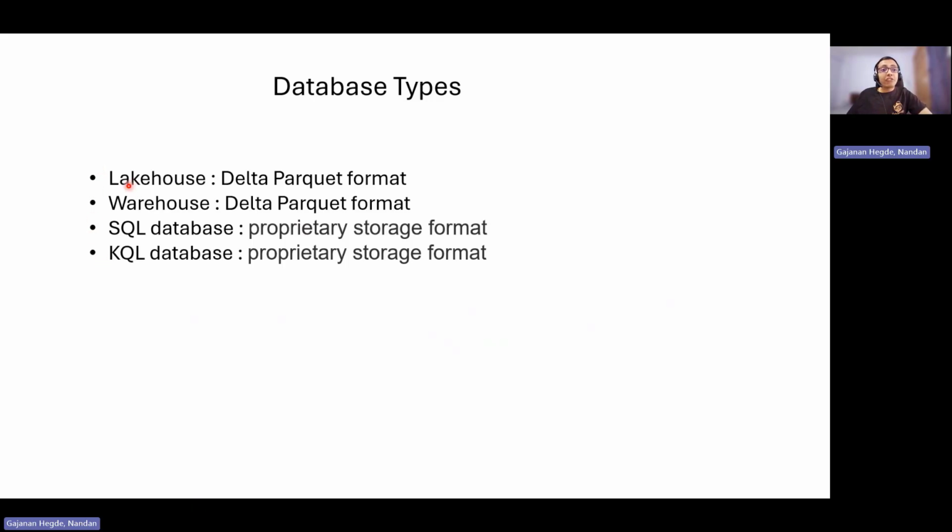One is the Fabric Lakehouse, which can be considered the data lake equivalent in the data ecosystem. Warehouse can be considered the data warehouse. SQL database is like your transactional database equivalent, and KQL database is basically for your streaming aspect.